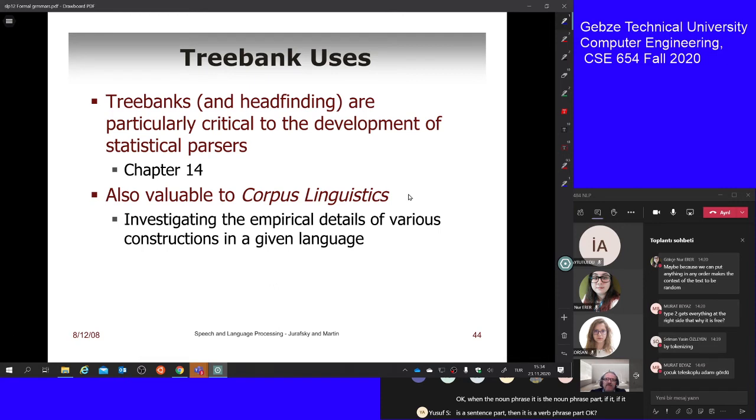So if we have a tree bank in our hand, corpora in our hand, they are important for us to test our parsers. That's one thing. The second thing is for machine learning applications: when you have parse trees, a tree bank, we are going to use them to train our models.